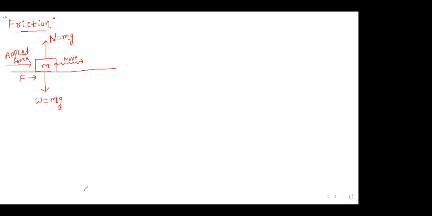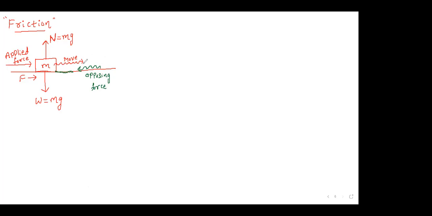Why will the body not move continuously on the horizontal surface? Because when this body is in contact with the horizontal surface, there will be one opposing force acting. Because of this opposing force, that body is coming to rest.